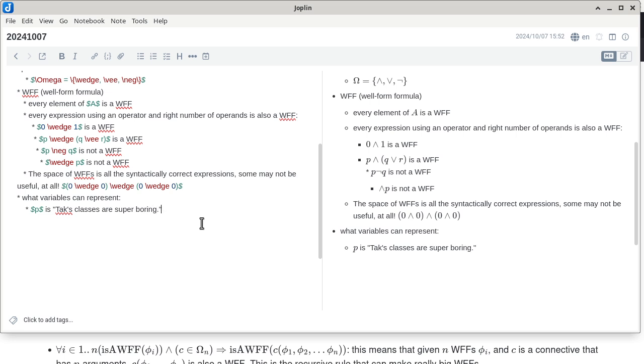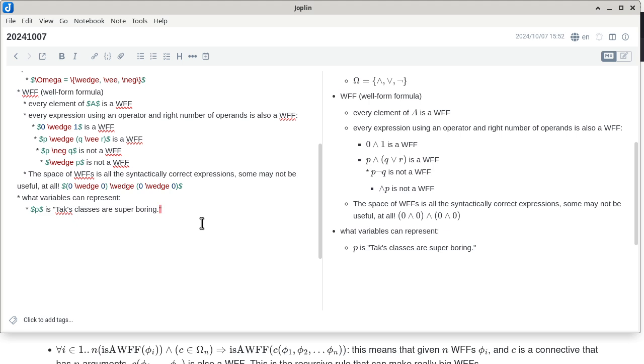In other words, that's the semantic behind the variable P. Now, why is it a variable? Because it may be true, it may be false. So this P is not axiomatically saying that tax classes are indeed super boring. It is asking the question: is it true or false that tax classes are super boring? So that's why it is a variable.